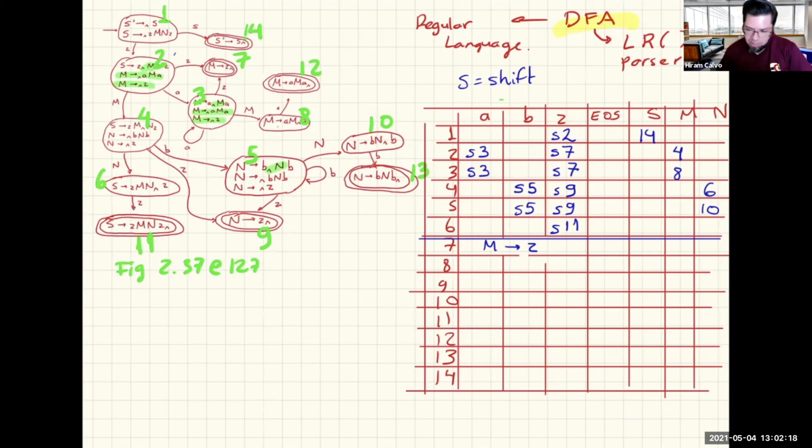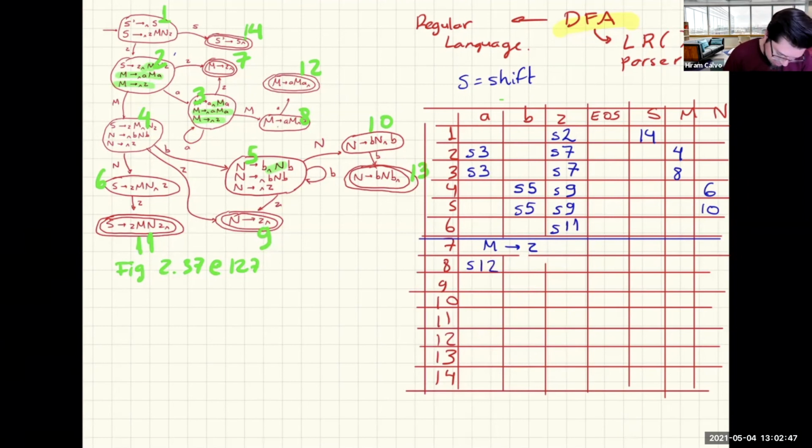However, we will see only this method, the LR0, which has exactly the same rule regardless of A, B, or Z. Again, go back to number 8. In number 8, this is not a final form yet, so we still need to see what happens with A. 8 with A goes to 12, so there's still a shift. 8 with A shifts to number 12.